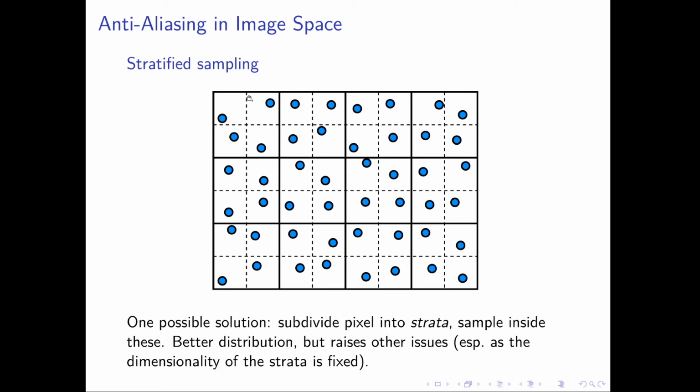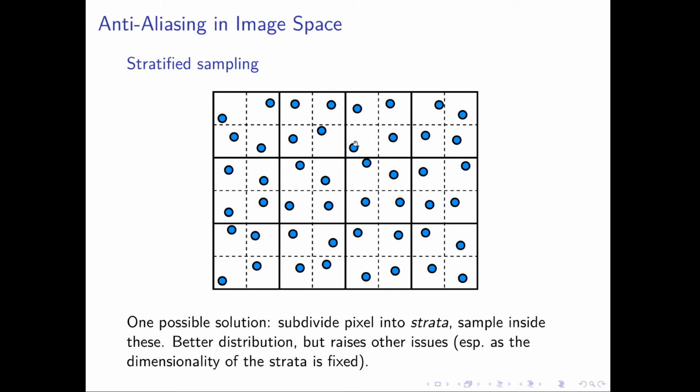Then we don't just randomly place samples inside the pixel itself, but we place one sample per stratum. This will usually result in a better distribution of our samples. Samples can still cluster, but we are mitigating this by introducing the strata. This sample here, for instance, will never be able to move up towards that sample up here, right?